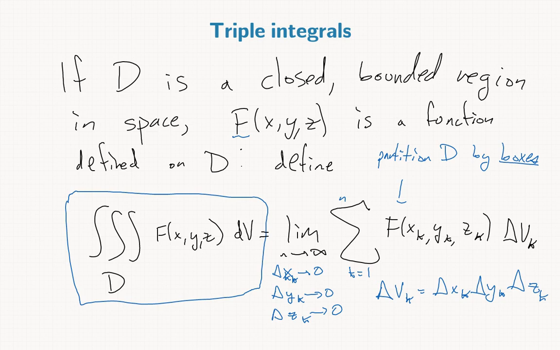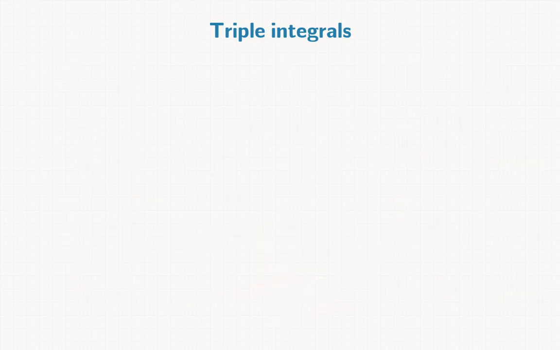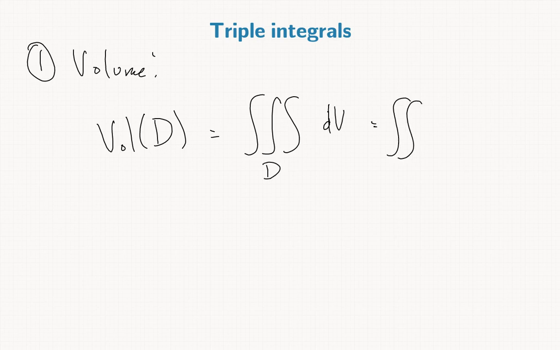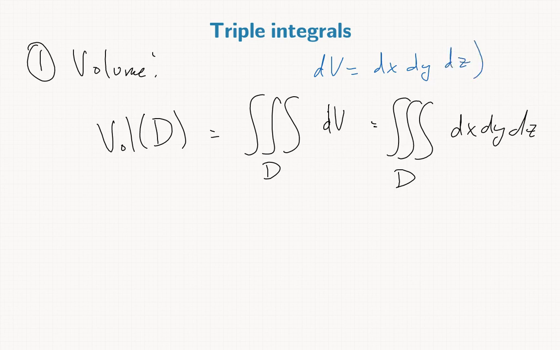So why would we do this? First case is volume. Just as we could calculate the area of a region by integrating 1 over it, we can get the volume if we just integrate dV over D, or dx dy dz over D, so maybe I should say dV is dx dy dz.